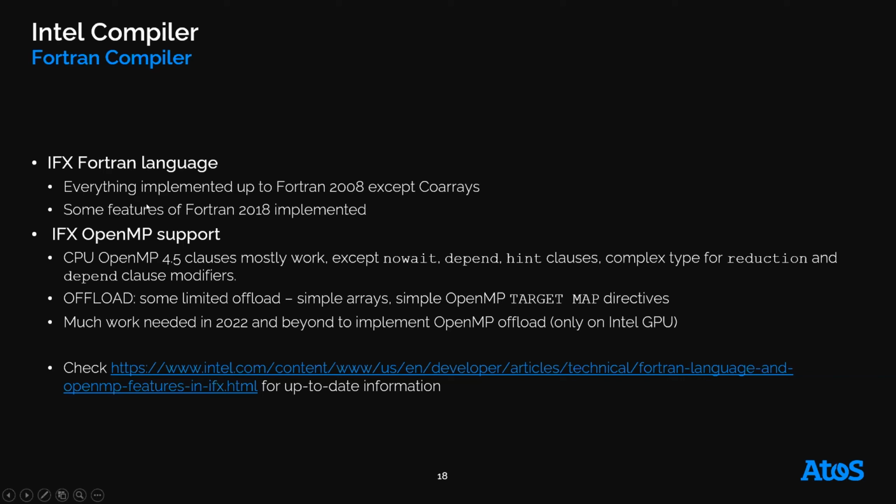For OpenMP, that should mostly work, OpenMP 4.5. There's also some offload, but that's only for Intel GPUs, so that's not very useful. There's a link here where it exactly says what features are supported and what not.